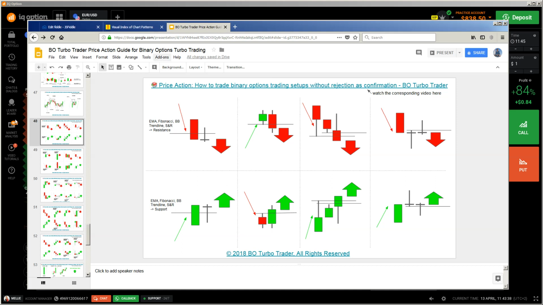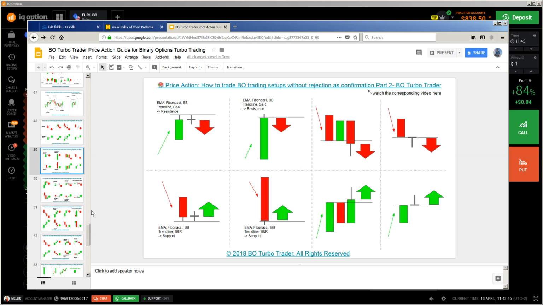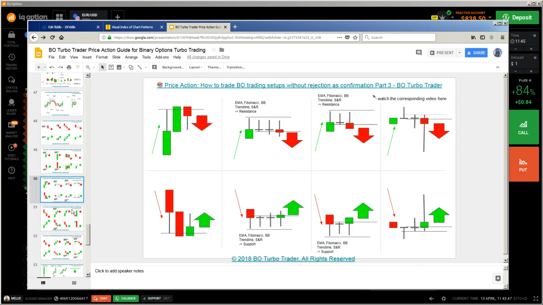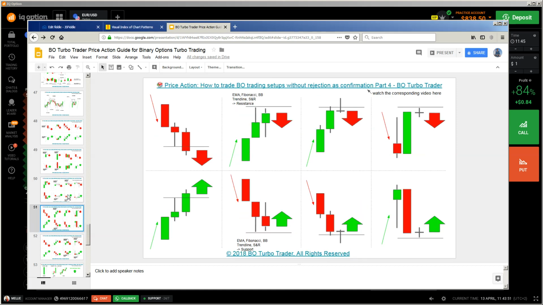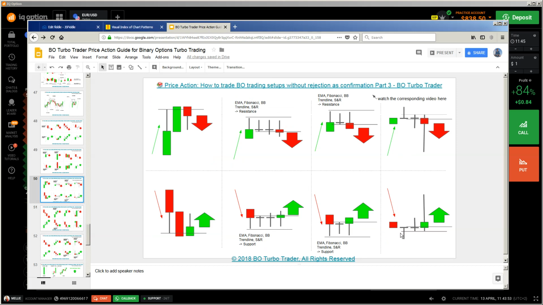So, let me see if I can show you some trades based on those kinds of trading setups which I have demonstrated here. I have shown you a few of them already, and this time I'm going to show you this one. It does not look similar to this one, but it looks like this, and this one here is really similar to this one also.